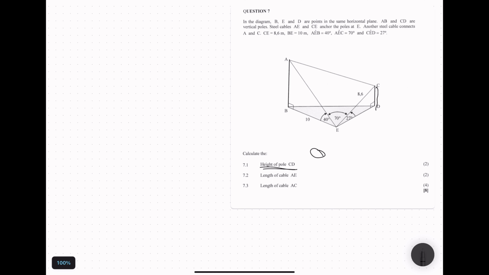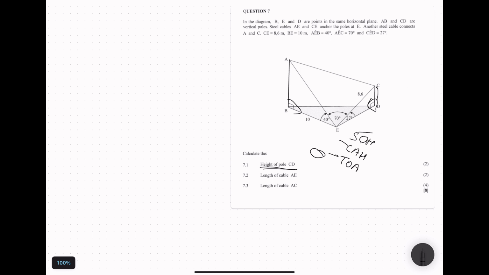So looking at triangle CED and triangle AEB, those triangles are right triangles, so they have 90 degrees. Most of the time when you have 90 degrees and you are required to calculate a length, you can always use SOHCAHTOA.